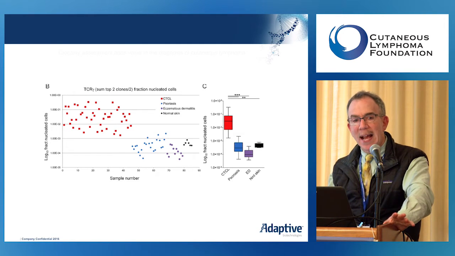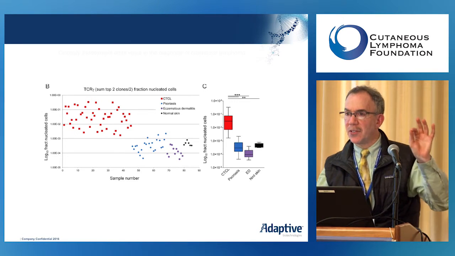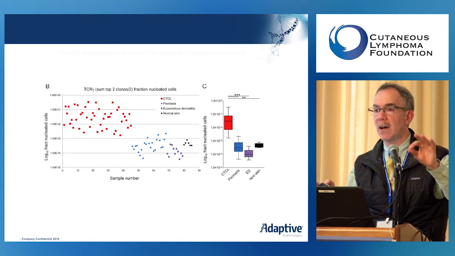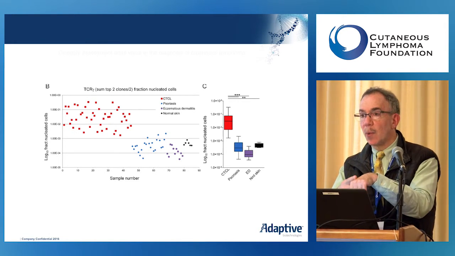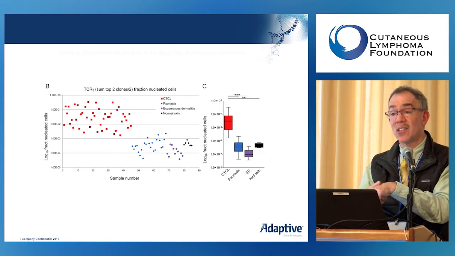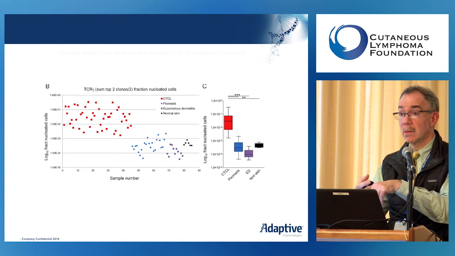And this has gained traction already in some centers, again, not as a standalone test, but as an aid in the diagnosis of patients who have skin dyscrasias that could be psoriasis or could be atopic dermatitis, but could be mycosis fungoides, okay?